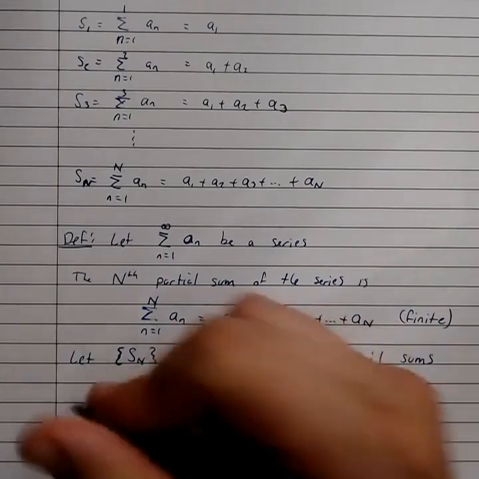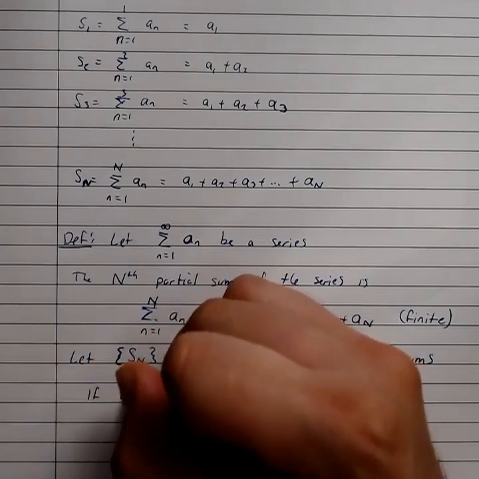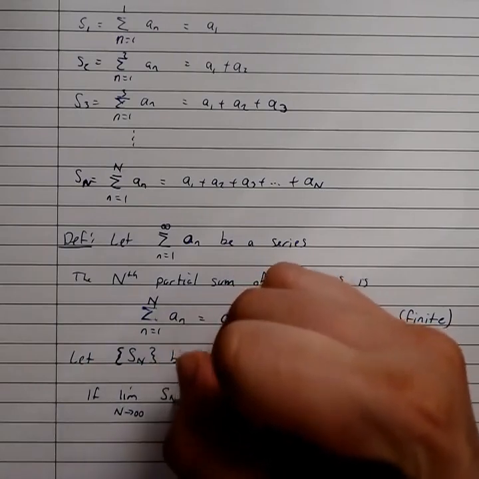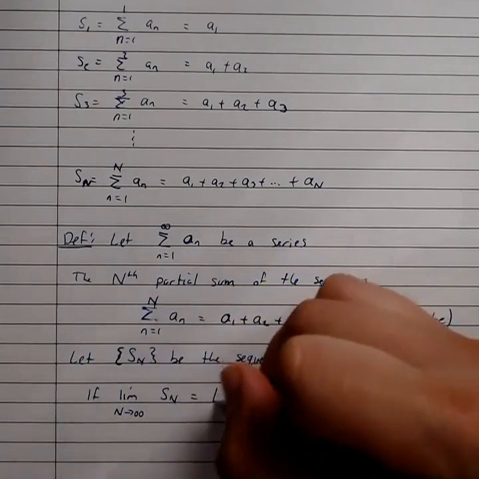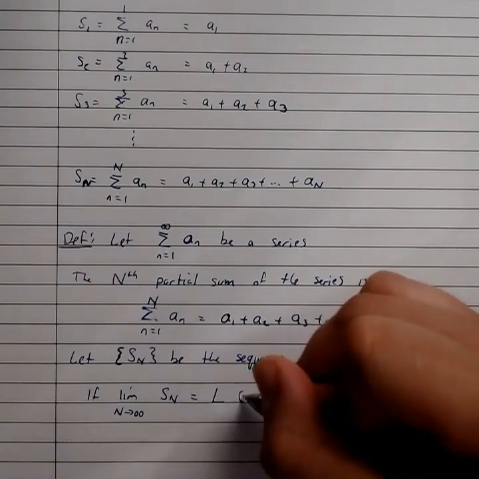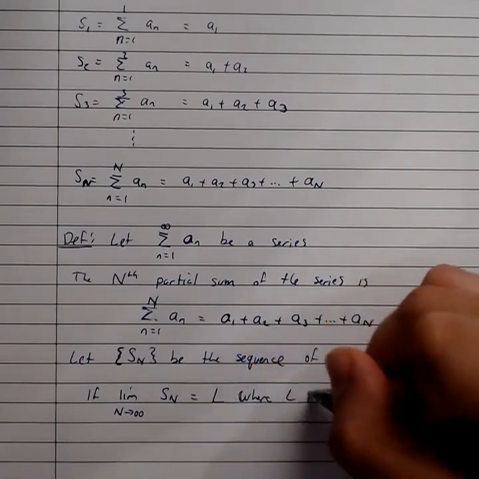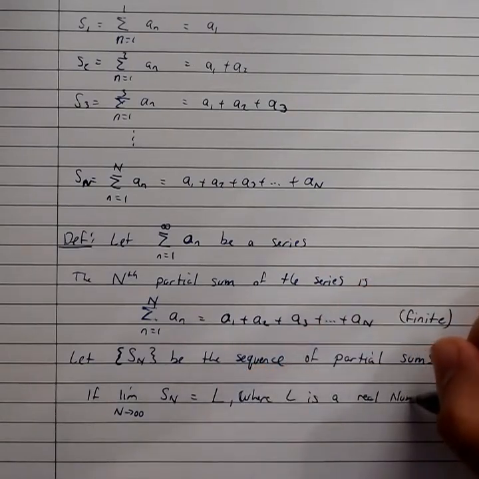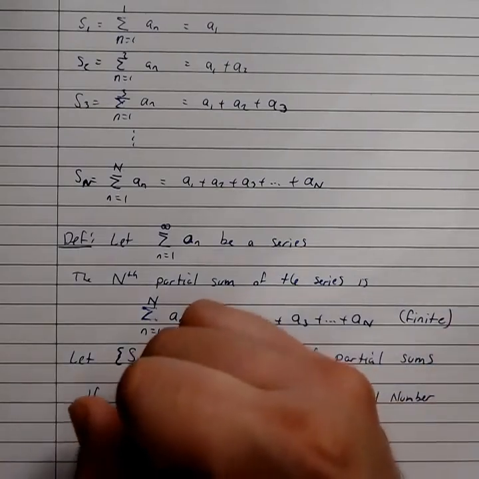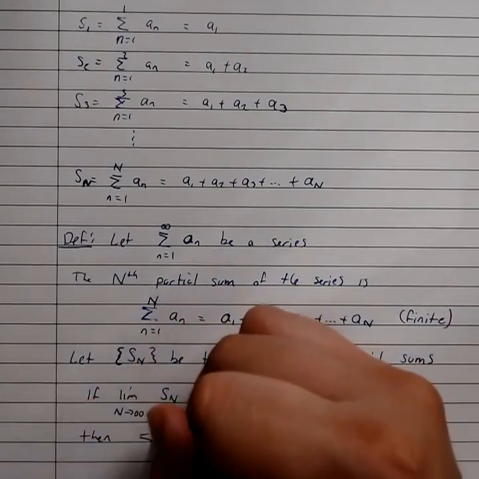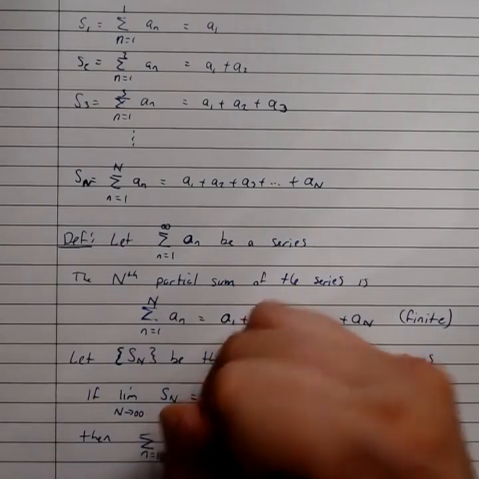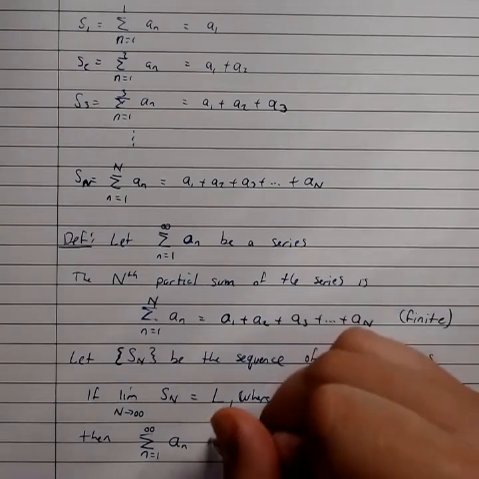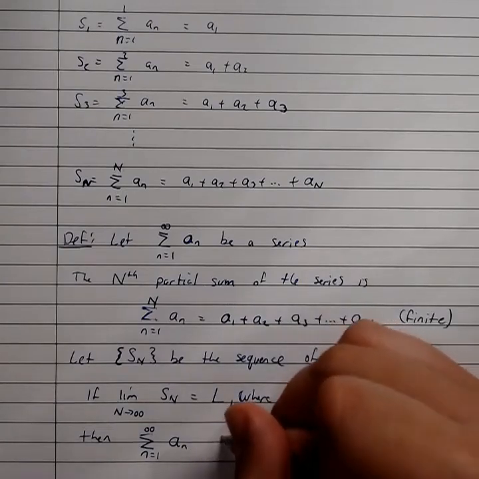Then, if the limit as capital N approaches infinity of S sub N is equal to some real number L, where L is a real number, then the sum as little n goes from 1 to infinity of a sub little n, in other words, the series, is said to converge to L.